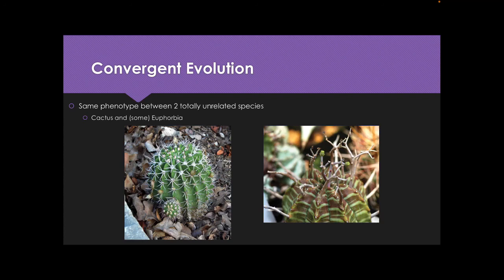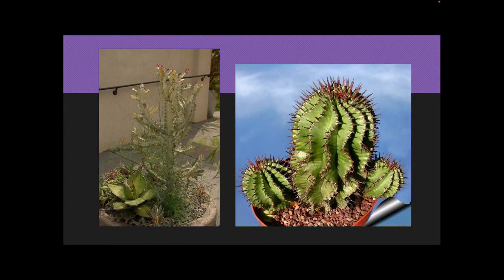But their environments are similar, which means that to adapt to that environment, you have to have similar features. Can happen again. Here's another cactus. This time the cactus is on the right and the euphorbia is on the left, but they look very similar. They're branched, they look spiny, they have very similar ridges, and that is because their climates and where they live are very, very similar.